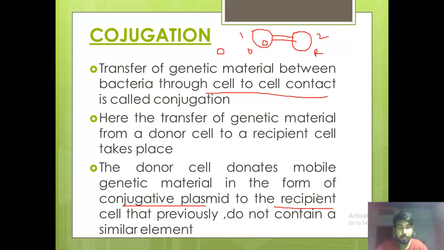What does this line mean? The conjugative plasmid goes to a recipient cell that previously did not contain a similar element. So this recipient bacterium does not contain a plasmid like this. This plasmid is transferred from the donor bacterium to the recipient bacterium for the process of recombination to occur.